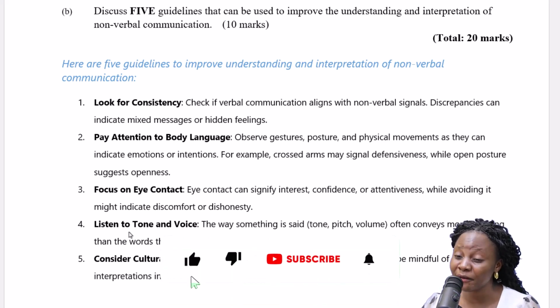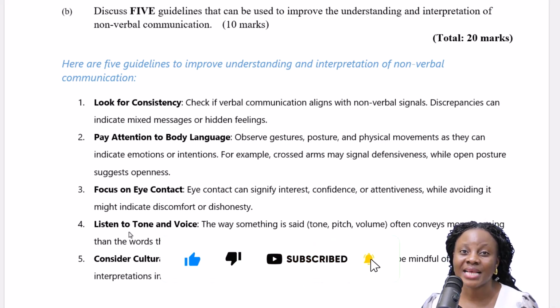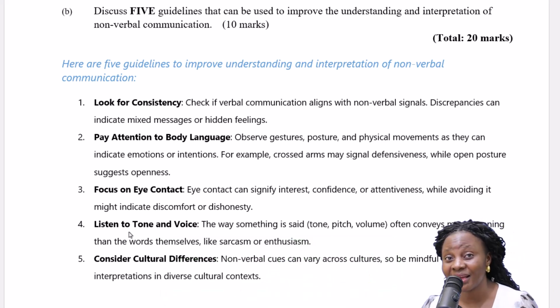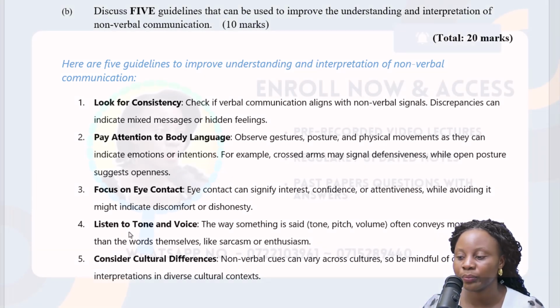So be mindful of the different interpretations in diverse cultural contexts. A certain thing could mean something different in another culture. So be careful to ensure that whatever you said is exactly what the other people are getting. So that is it, our number 6. Thank you. Let's meet in our next question.